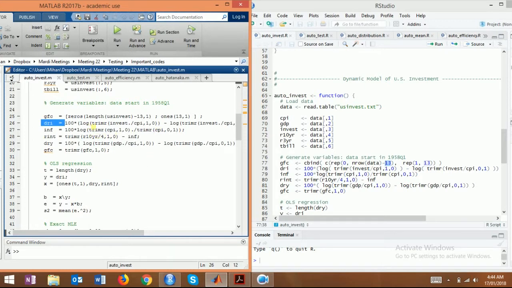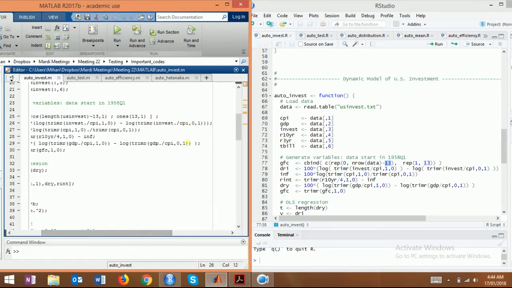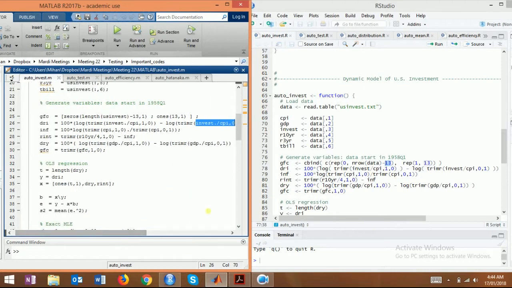Yeah, this is not regression. Invest divided by consumer price index 10, log trimmer, invest divided by consumer price index 01. This is at T, this is T minus 1. Just like before, going up in steps. Log trimmer, invest CPI 10 minus log trimmer, invest CPI 01. Here no element by element division is going on, remember that.